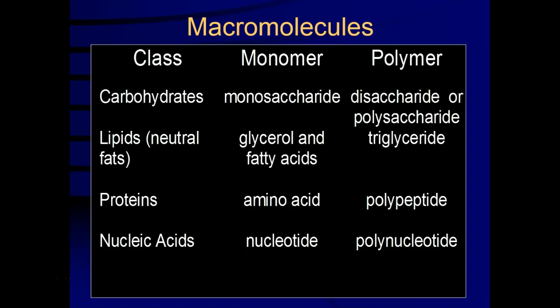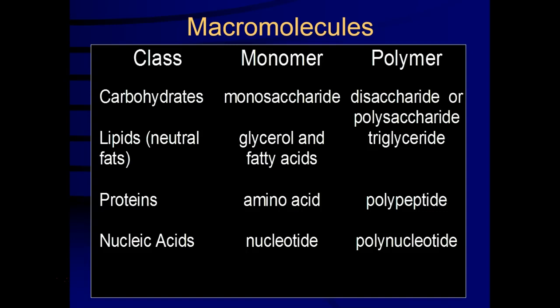Now, lipids is a very, very diverse group, but the ones that we're going to focus mostly on are ones that make up our long-term source of energy, the fats and the oils. These are called the neutral fats. The neutral fats actually have 2 monomers to them.